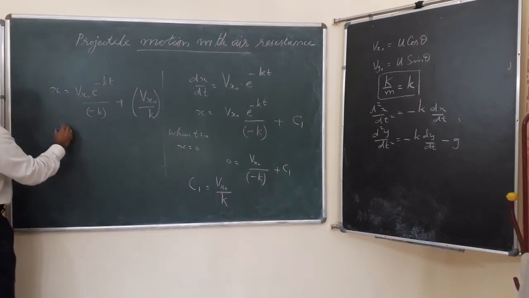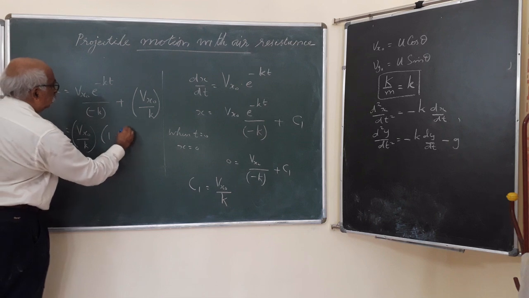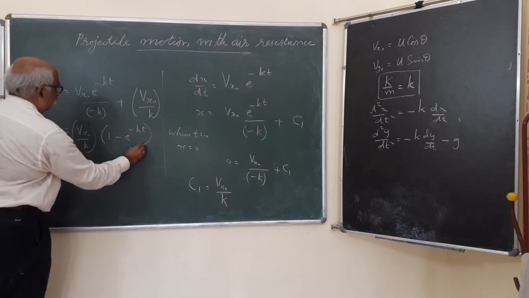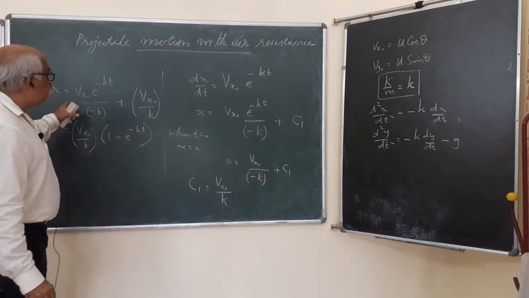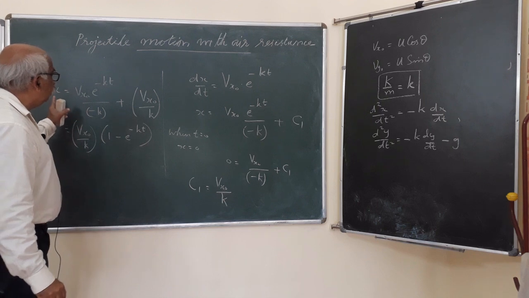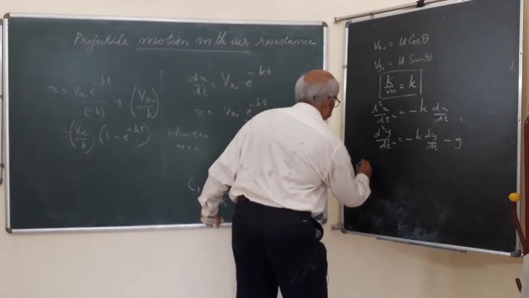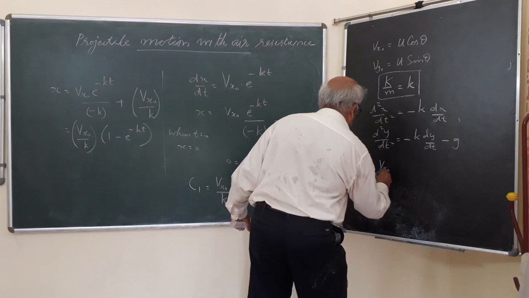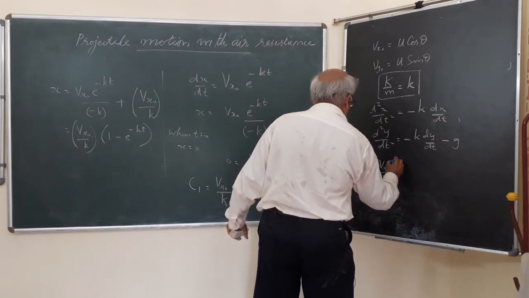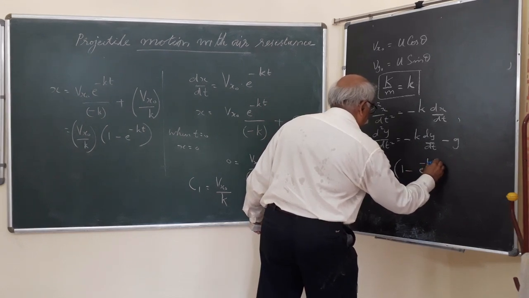Combining these two terms, we can write this as Vx0 by k into 1 minus e raised to minus kt. This is the expression for the horizontal displacement, or the x component of the position of the object at time t. x is equal to Vx0 divided by k into 1 minus e raised to minus kt.